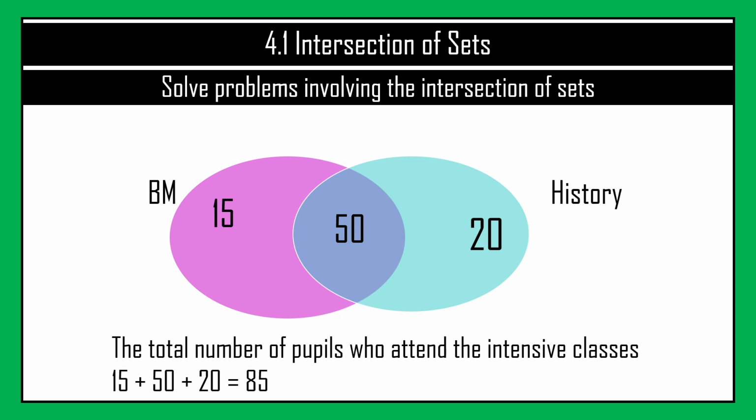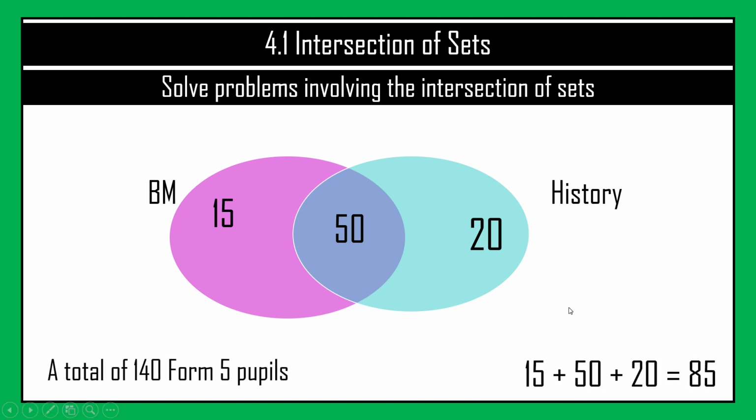And if you remember, the total number of students is actually 140. The ones that are missing, the ones that are not in the sets, are those who did not choose BM or history.